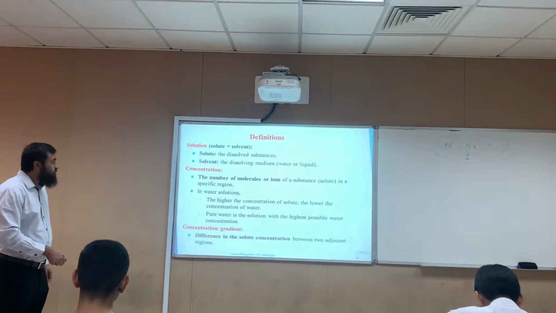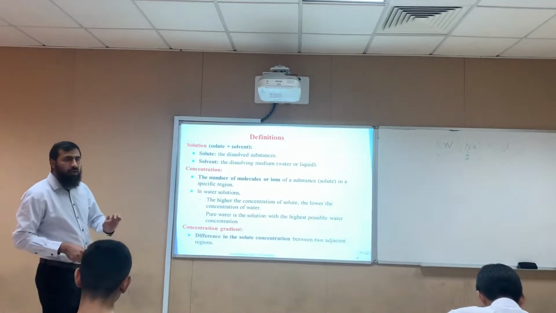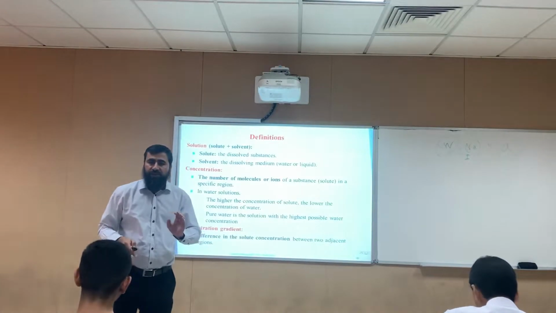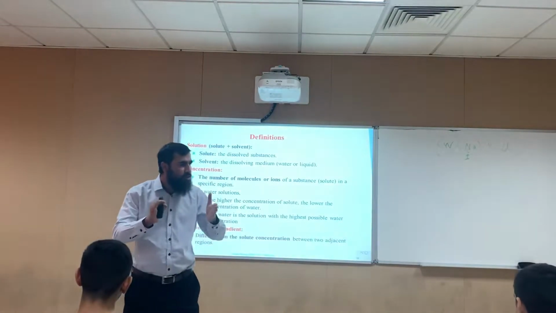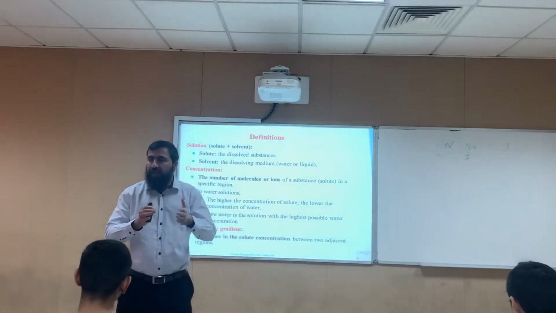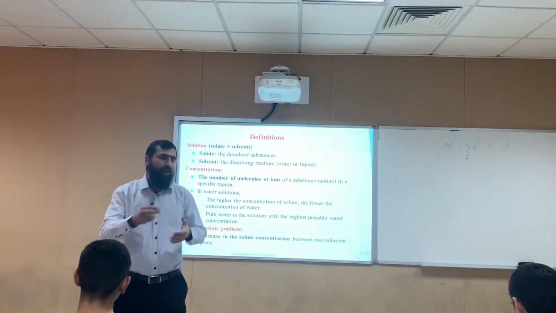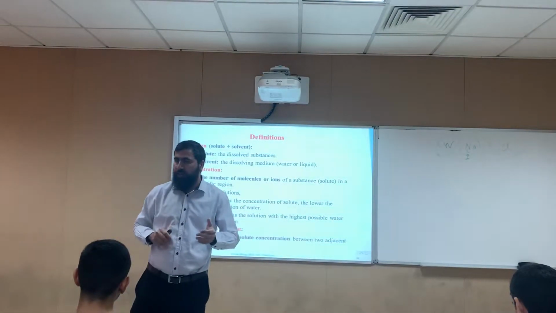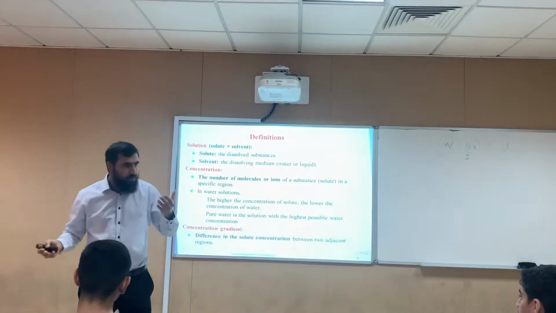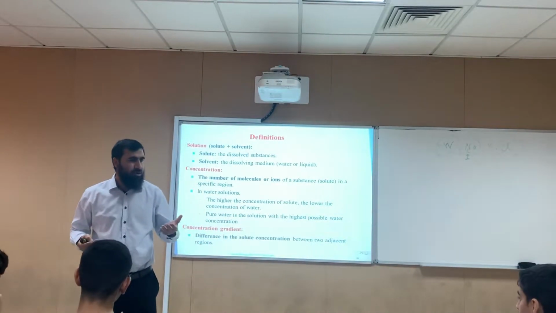In terms of concentration gradient, you establish concentration gradients between two regions that are next to each other and that are separated by a barrier or a semi-permeable barrier. In this case, we have the inside of the cell and the outside of the cell.